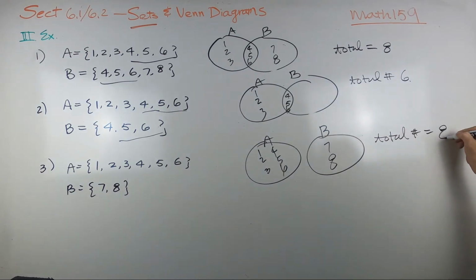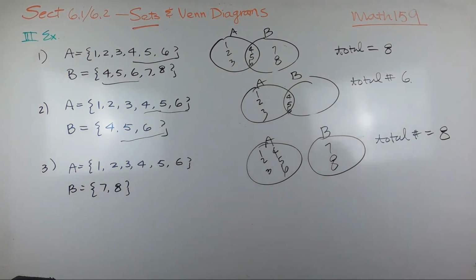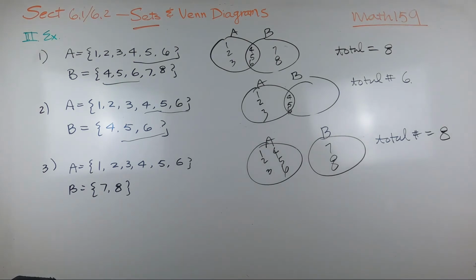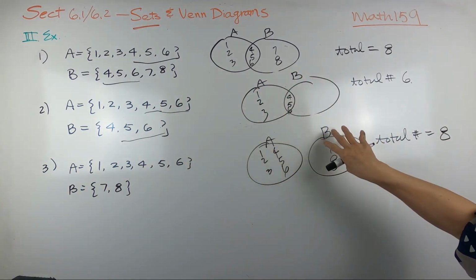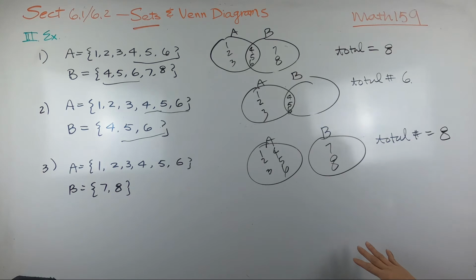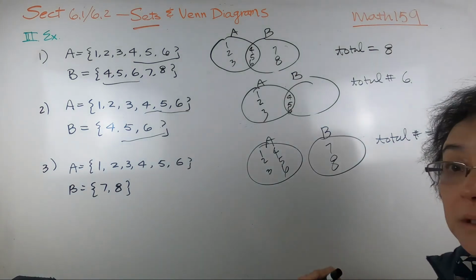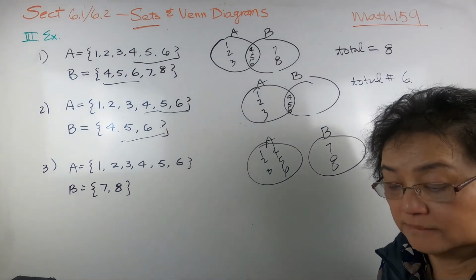We still have A's numbers. Then that's C. This one uses numbers to show the Venn diagram. Another kind we just use the Venn diagram to show the concepts.